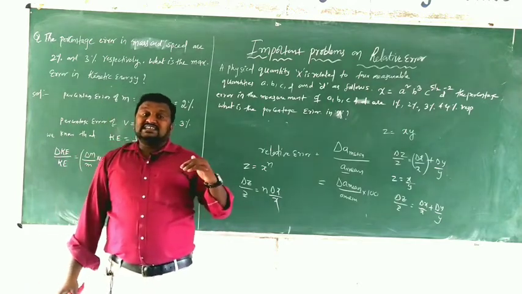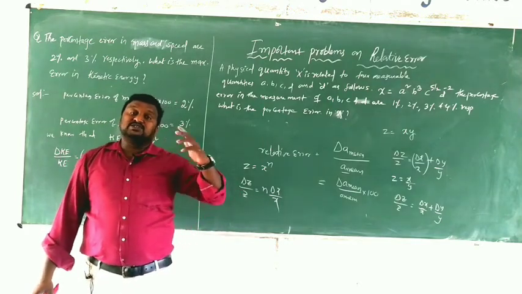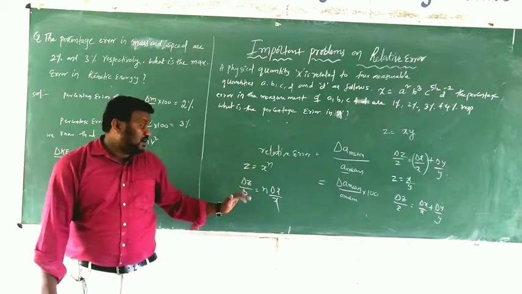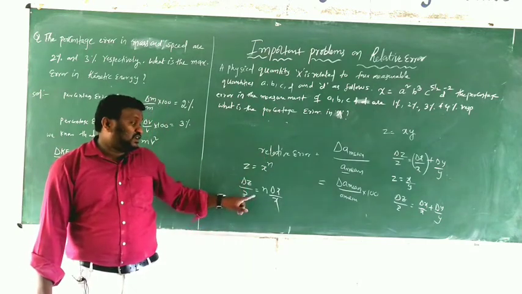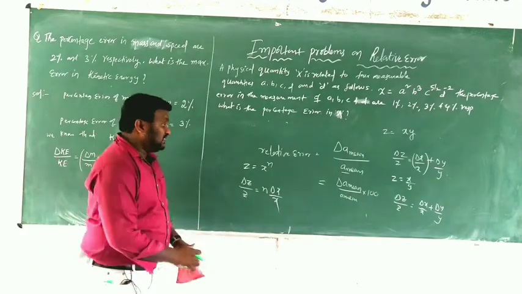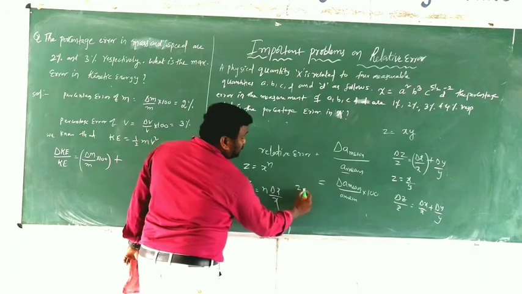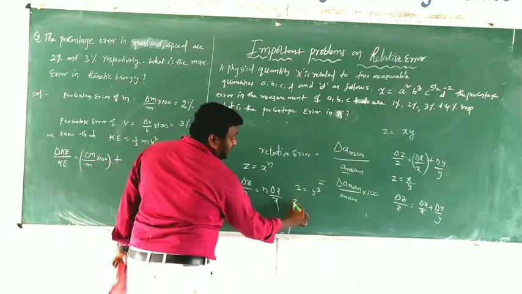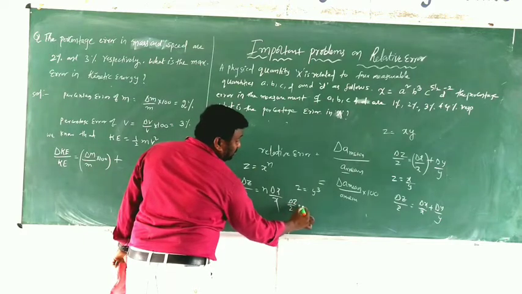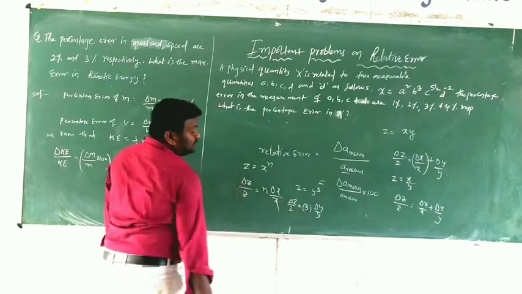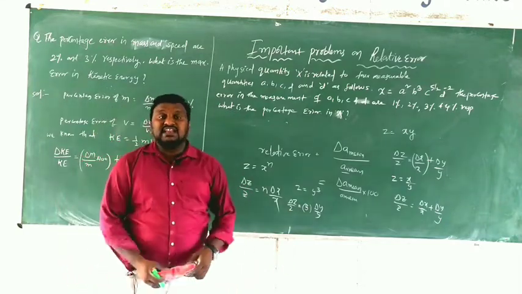If the result is in the form of powers of a function, z is equal to x power n, then delta z by z is equal to n into delta x by x. Like that, z is equal to y cube. That means delta z by z is equal to power into error of y. Simple. This is another formula.